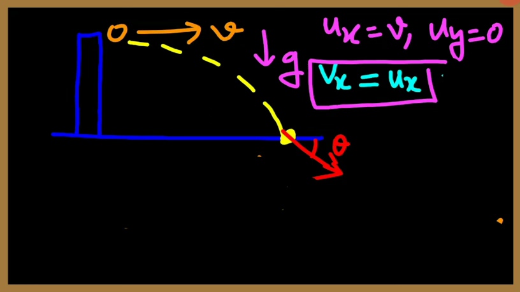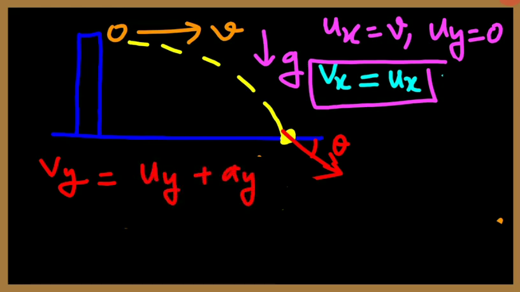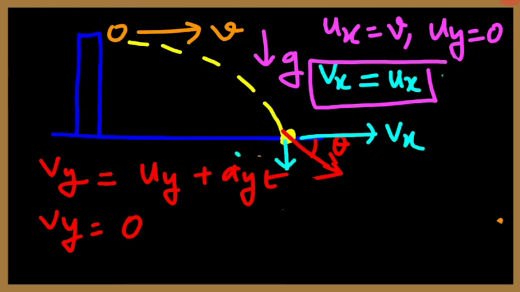Now we have to find out what is the velocity component in the y direction. Vy is equal to uy plus ay into t. So Vy will be, what is uy? Uy is 0. Velocity will have a component in the downward direction. I am assuming Vy is in the downward direction, like this is Vx and this is, say, Vy.